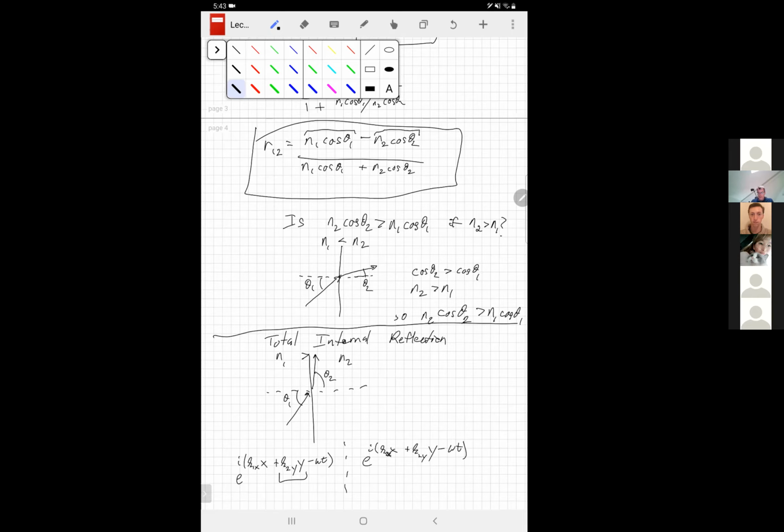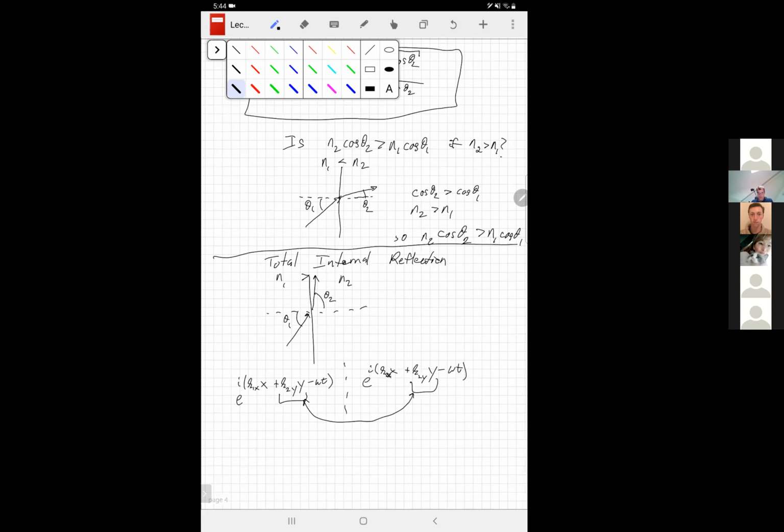Now, these are the same on both sides. And if we're going to satisfy the wave equation, we'll just do it in 2D for now.